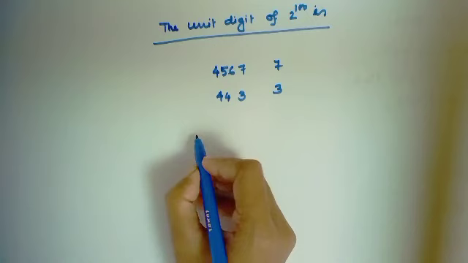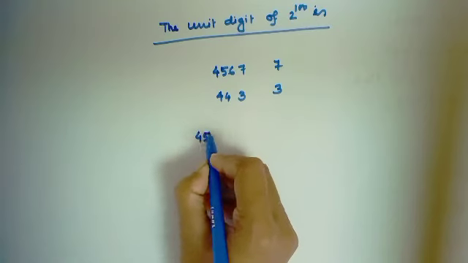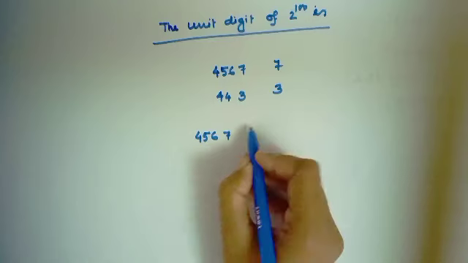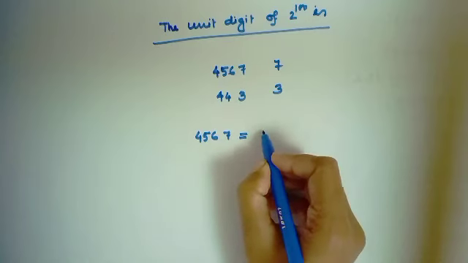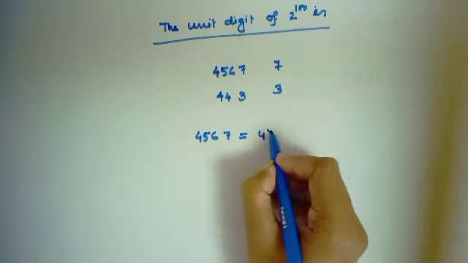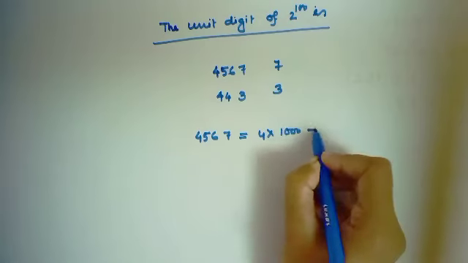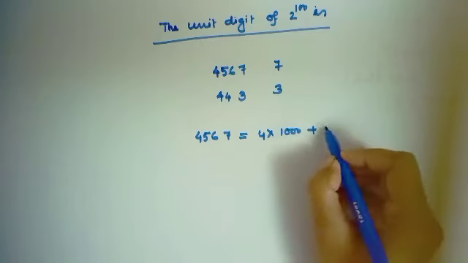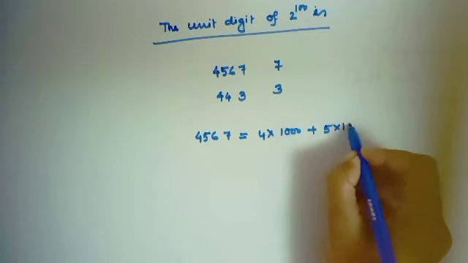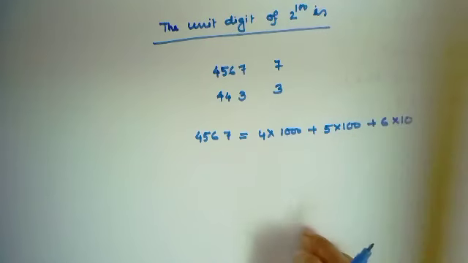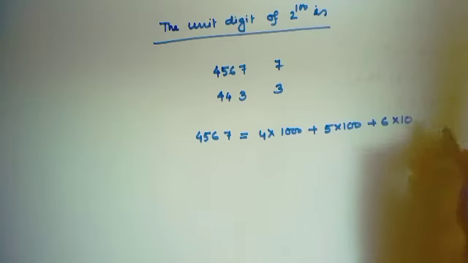Another way: 4567 we can write as 4 times 1000 plus 5 times 100 plus 6 times 10 plus 7.